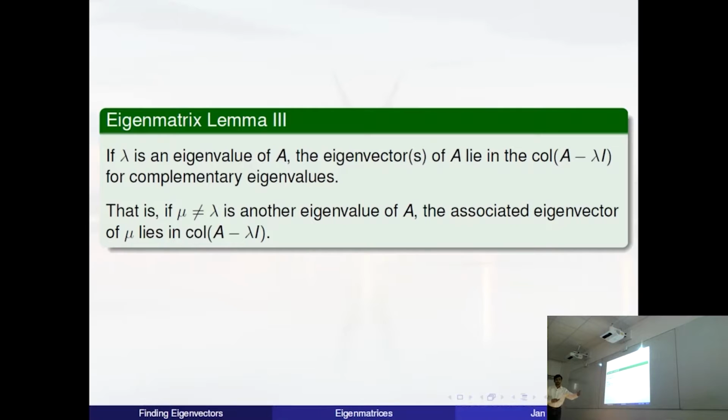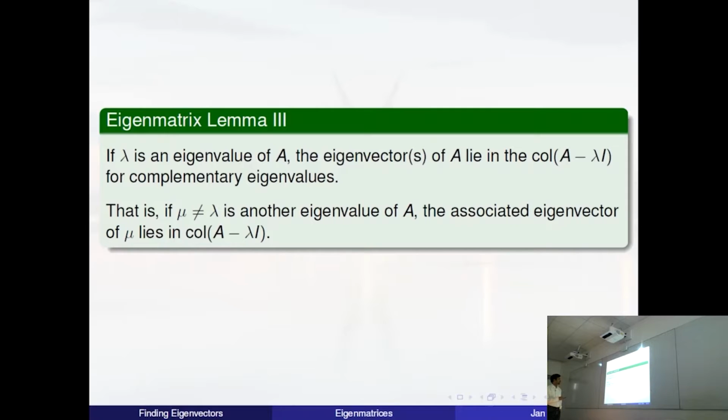You can see that the eigenvectors of lambda lie in the column space because the product equals 0. So it's in the column space, and we also know that any linear combination is still an eigenvector. So eigenvectors of lambda 1 sit in the column space for a complementary eigenvalue. This is not the same lambda, so it's for a different eigenvalue.